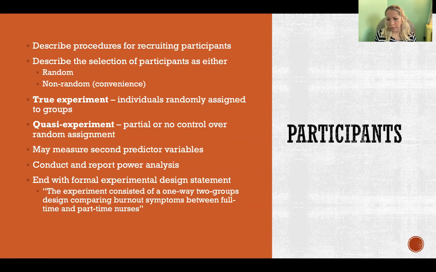So a true experimental design, of course, is preferable because then we can calculate the probability of participants being assigned in each group, and then we get stronger statistical results in the end. But in some cases, quasi-experimental design might be the only option depending on the nature of the experiment and the participants that you're working with.